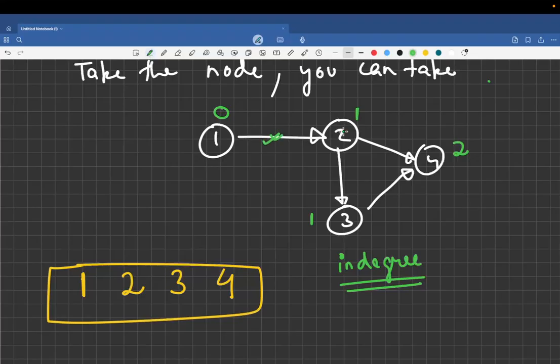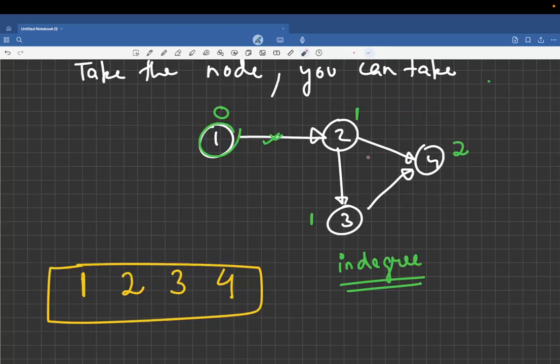So for all the nodes that have an incoming edge from 1, the in degree will get reduced by 1. So once I take this particular node, the in degree of 2 now becomes whatever was the in degree minus 1, because this particular edge will now vanish because 1 has already arrived. So I will simply subtract 1 and you will get 0.